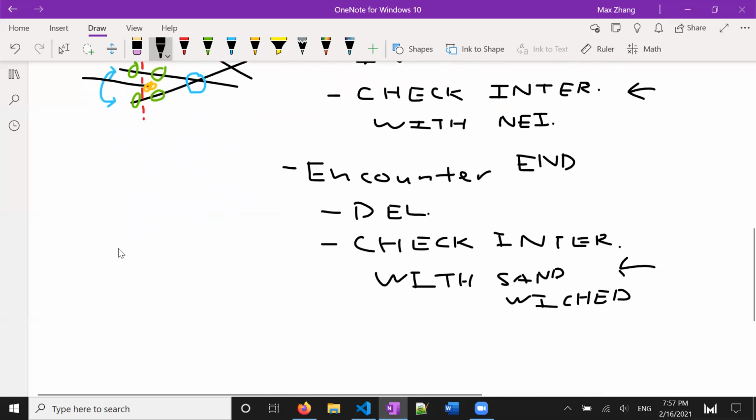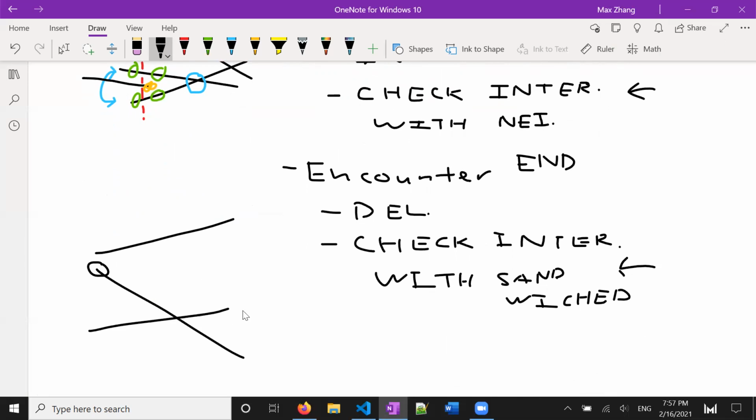Because then, say we have this example right here. We have this segment right here, with the endpoint right up there, and then say we insert a new line here, where we encounter the start of it.